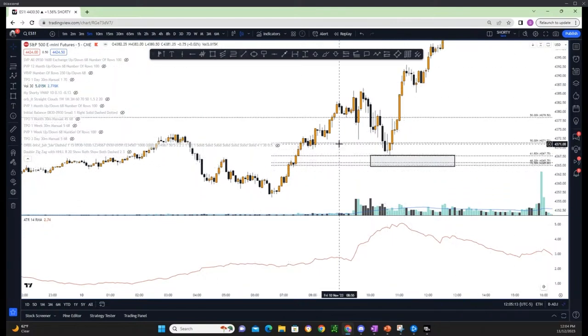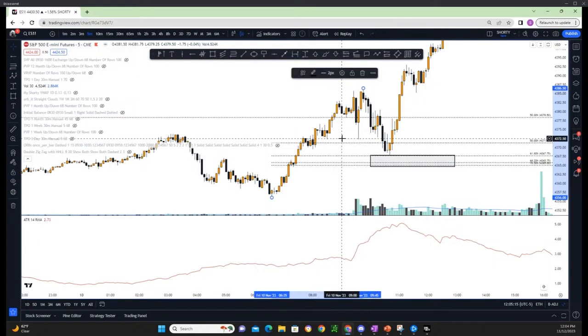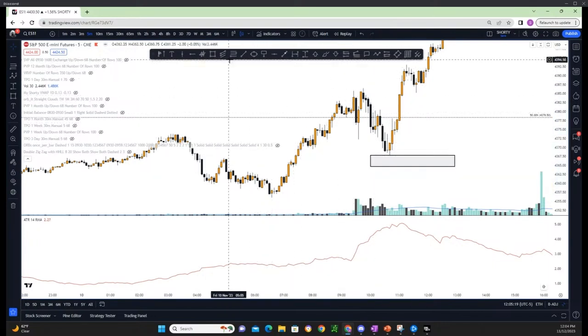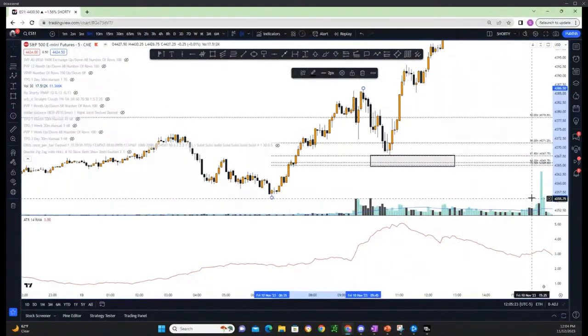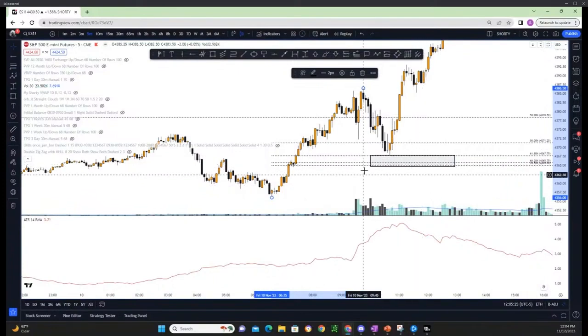I'll do it again so you guys are following along. I know 378 is the level of ATR. At the top it was 378, the volatility was there, right? So what I do is I find this level and I add 3.78 to my stop loss.